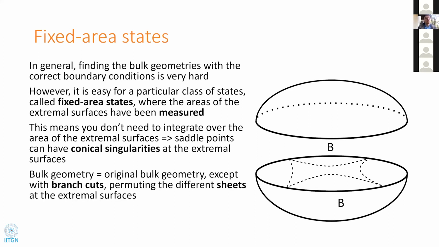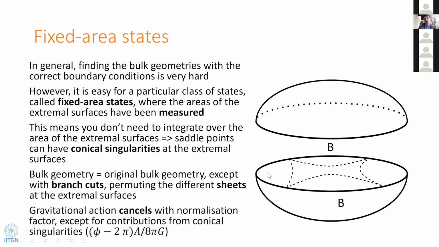It means there's a whole class of saddle points where the bulk geometry is just the original bulk geometry with n equals 1, except that we have branch cuts that sit at these extremal surfaces that permute the different copies of the bulk geometry, that glue together different sheets of the bulk geometry at the extremal surface. I'll make that more precise in the next slide.